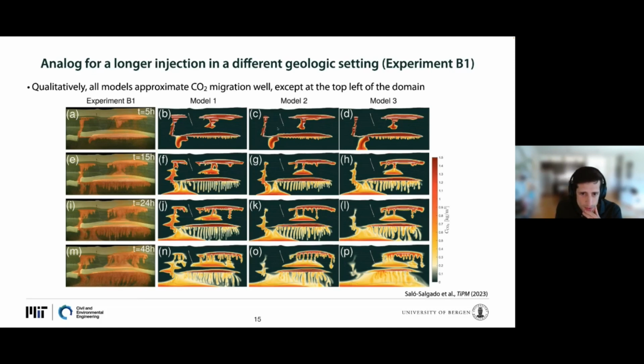But there is one area in particular here in the upper left where model 1 in this case is doing significantly better than model 2 and also model 3. Now, the reason for that mainly is that here we have a very heterogeneous fault zone, which was very difficult to model deterministically. And so as a result of that, our forecasts with the calibrated models didn't perform as good as we had expected, particularly for model 2 and model 3.